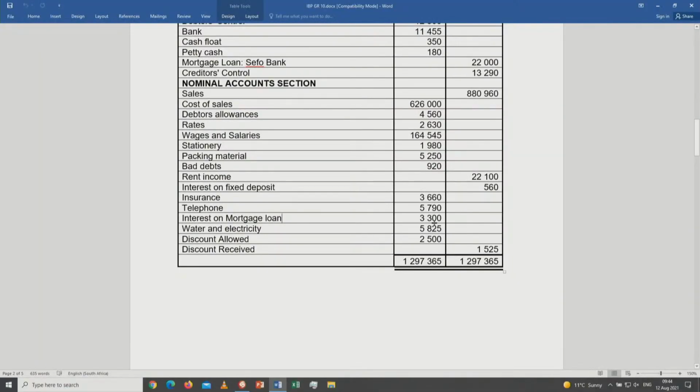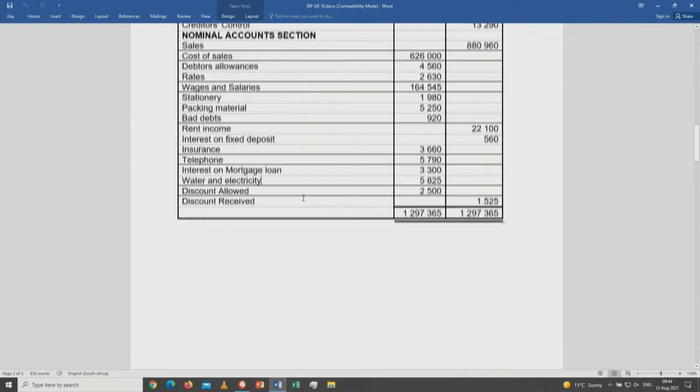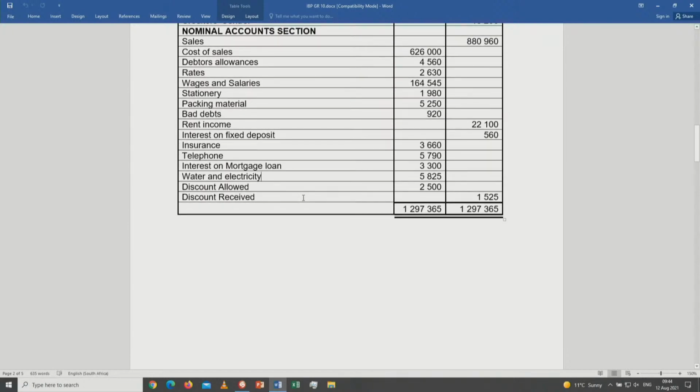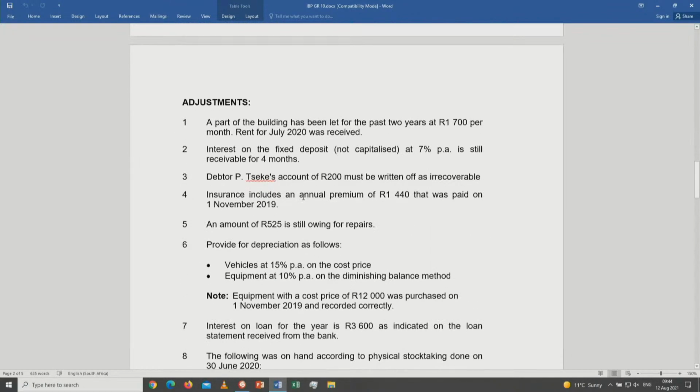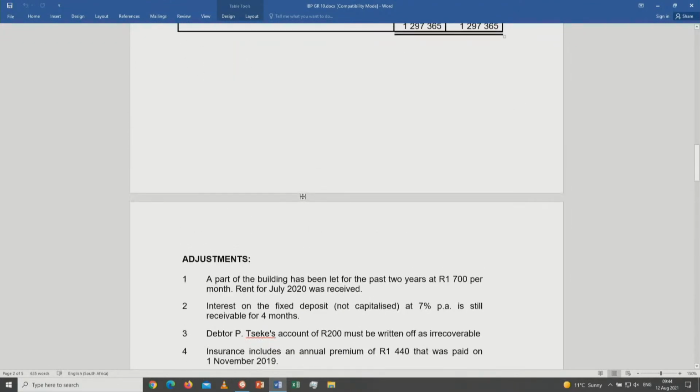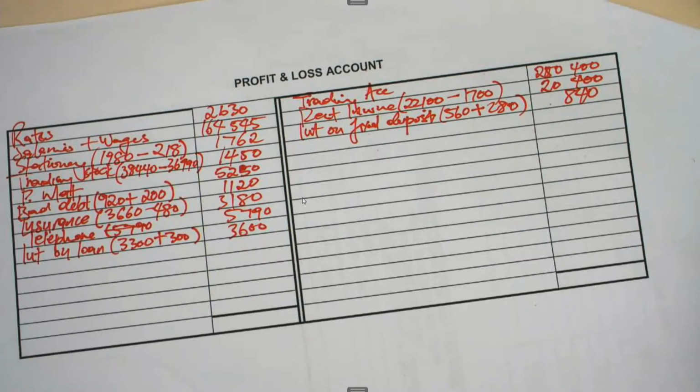Let's go back to our trial balance. Water and electricity. Let's check if we have any adjustment for it. Water and electricity. No, we don't. So now we take it as it is.